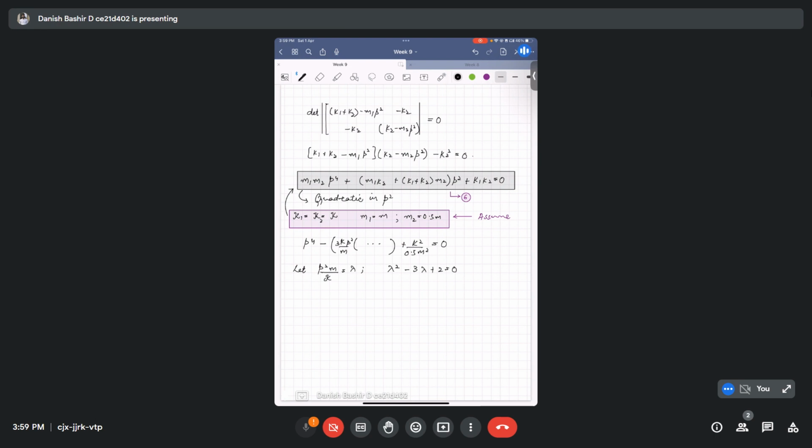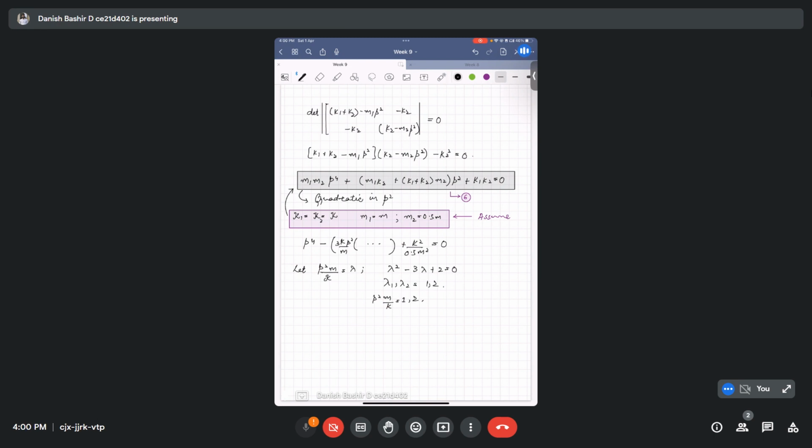When we solve it, we get lambda 1, lambda 2 equal to 1, 2. So p square m by k is 1, 2. We have two eigenvalues of this equation, lambda 1 equal to 1 and lambda 2 equal to 2.